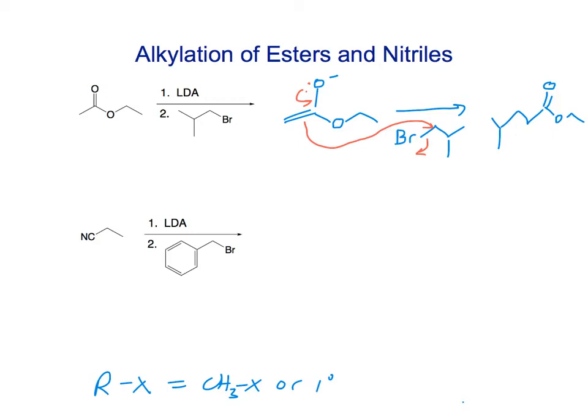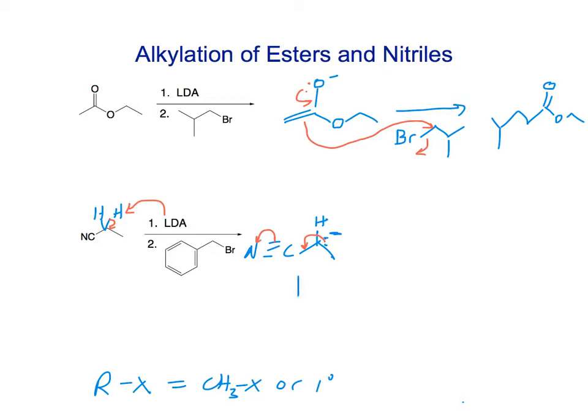So the LDA would remove one of these protons, alpha to the nitrile. I'm just going to draw it like this. I don't think we've actually drawn out an enolate of a nitrile yet. So we would have this with the anion here, and this anion also has resonance, just like the other ones, where these electrons could move here, and these electrons could move over onto the nitrogen.